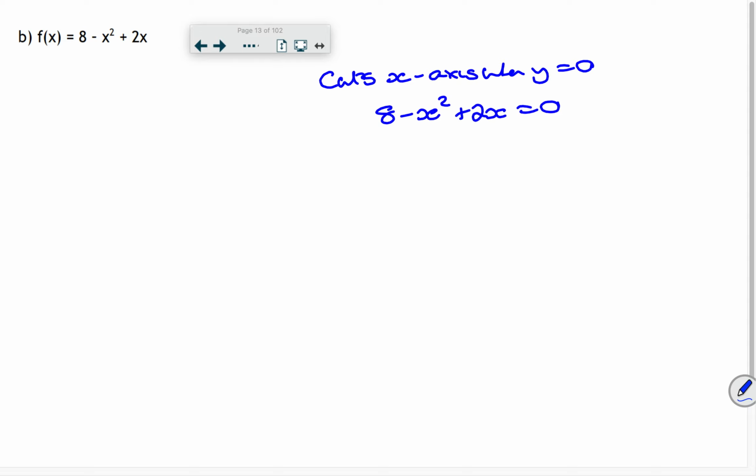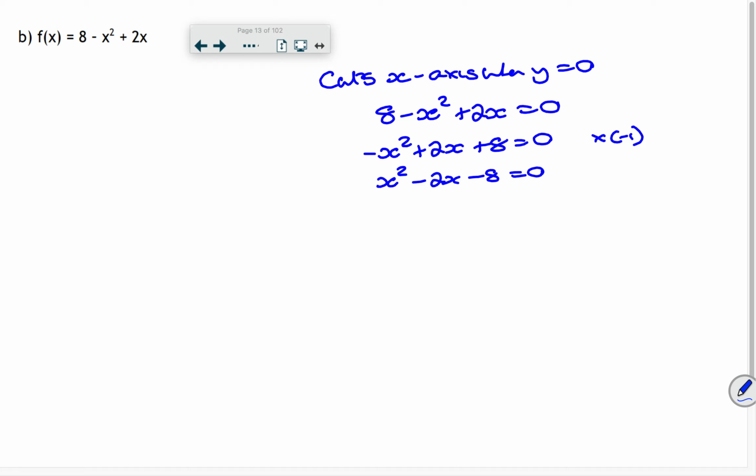Now remember what I said about solving a quadratic when we have a negative x squared. If I make it negative x squared plus 2x plus 8 equals 0, and multiply it all by negative 1, it means that I don't need to deal with the negative x squared. So that would just be x squared minus 2x minus 8 equals 0.